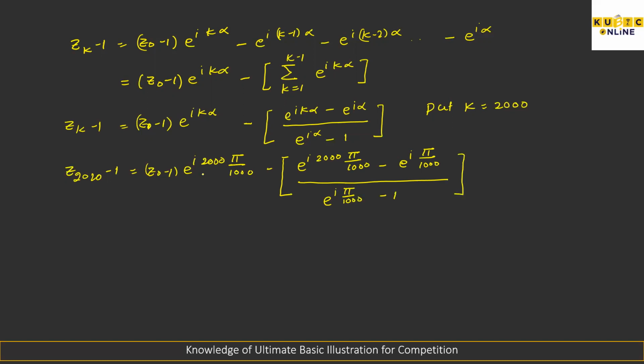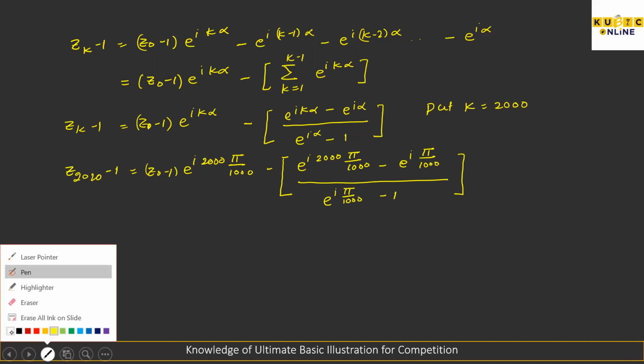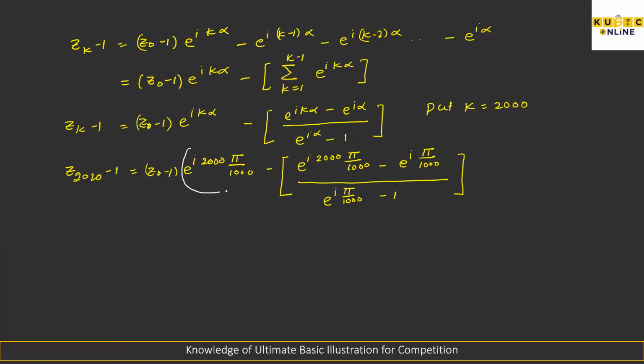So this quantity will actually be e to the power I 2 pi, and e to the power I 2 pi is 1, and this quantity is also 1.